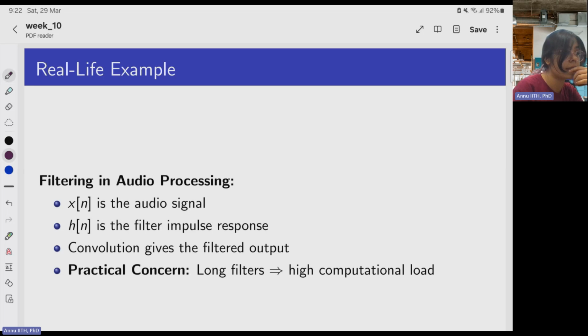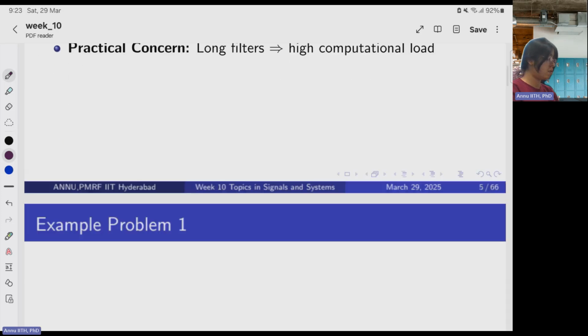Is that really a concern? No, we have already seen this topic.